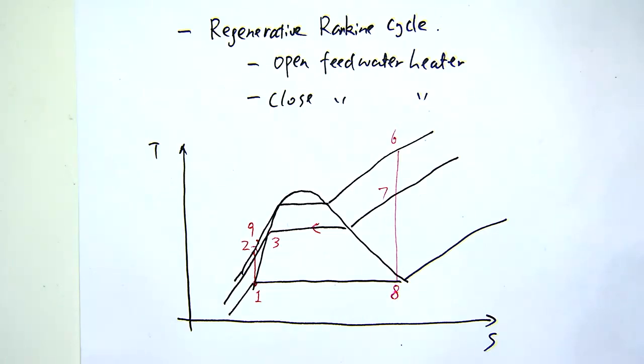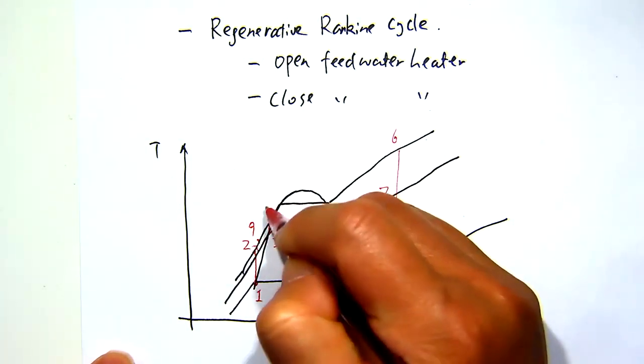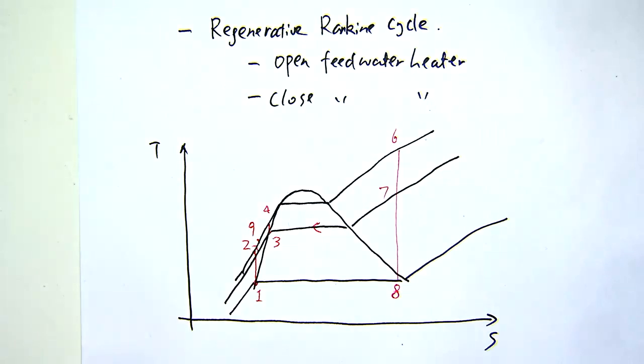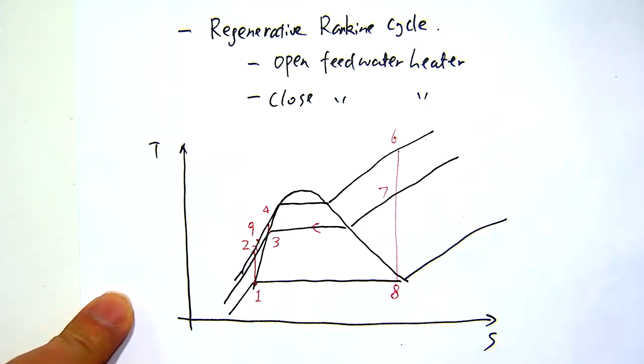And then this one needs to catch up in terms of pressure to the boiler pressure. So this one goes up again to the state 4. Right? And then you want to mix them together because both are now water.